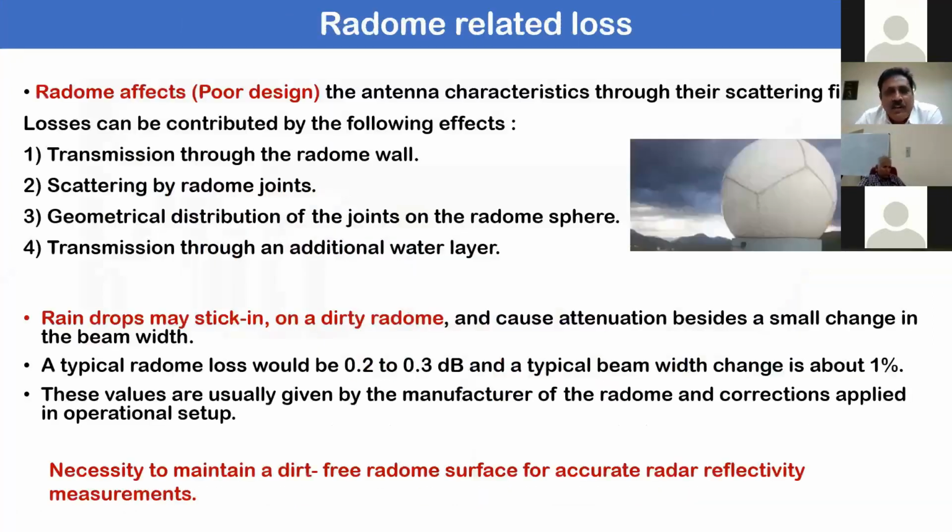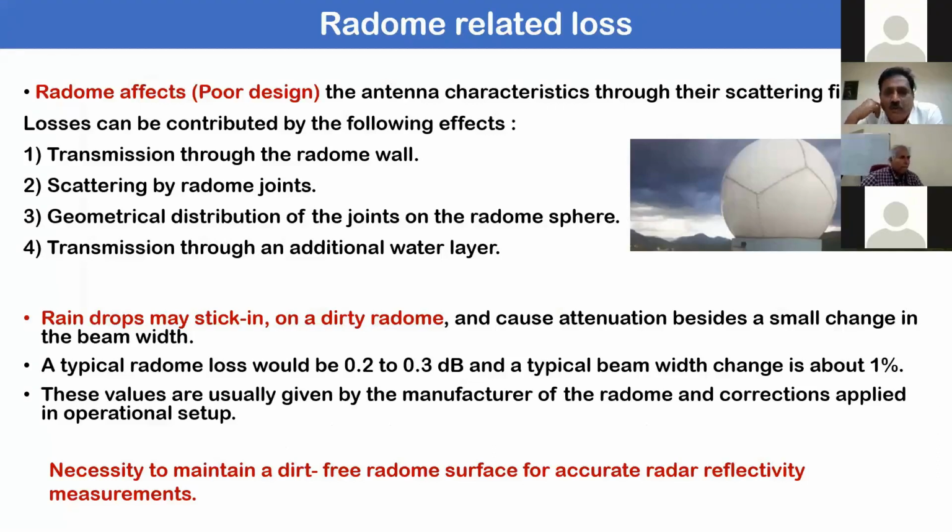Then in addition to that, there are some other problems related to the radome. Normally the antenna is covered with a radome, because the antenna is a parabolic dish. Most of the time we use parabolic dishes. When the wind is very strong, it puts a lot of wind load on the antenna, and sometimes the antenna will be blown away by the wind.